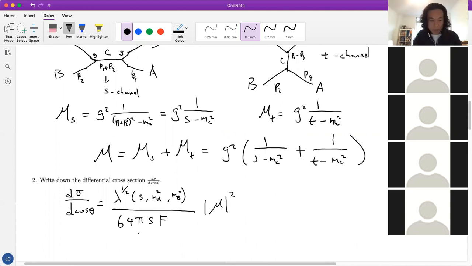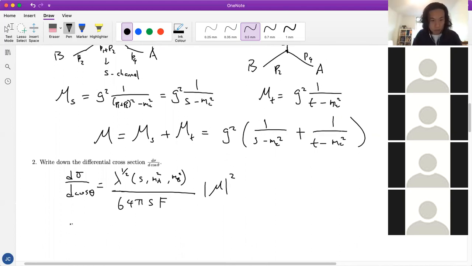We can work out the flux. We know what the flux factor is supposed to be: F is just half lambda of half s. Normally it's m3 squared, m4 squared, but in this case, because they're all A's and B's, it's the same thing. So this flux factor will cancel out the one in the numerator. Then we can just plug this expression into the M squared.